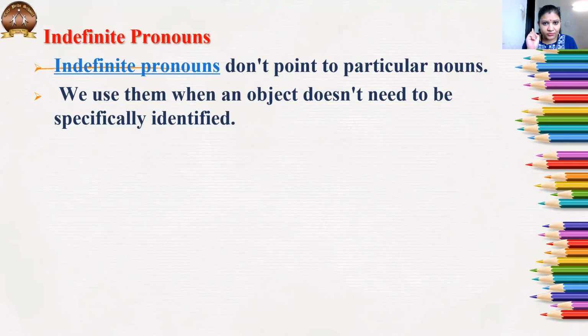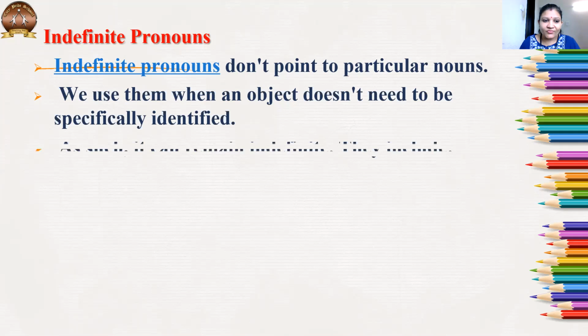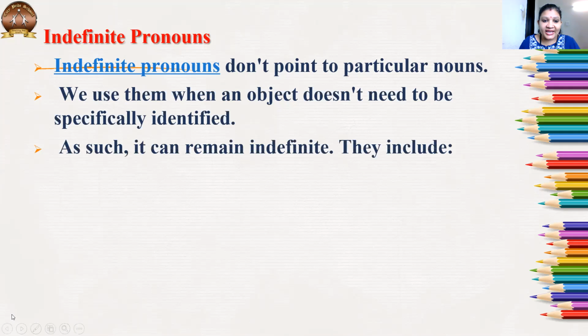Someone is at the door. If you don't know, you don't have to find out. You can simply say to mother, someone is at the door. I don't know. As such, it can remain indefinite. It means just the opposite of definite. Definite is specified and indefinite is non-specific.